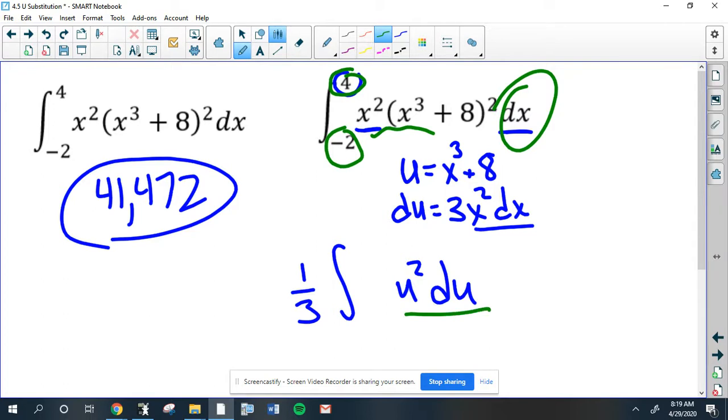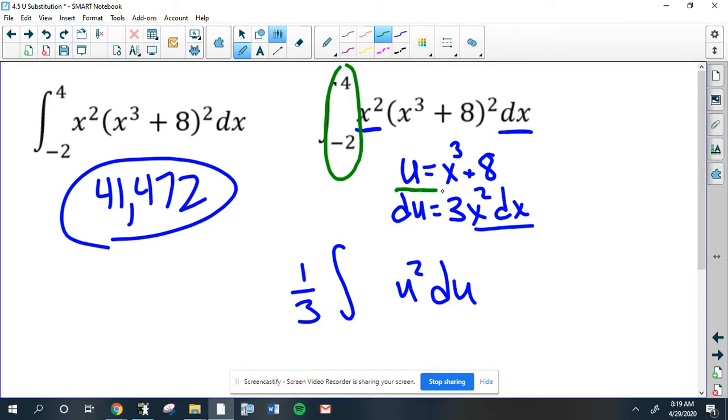So the option we're going to learn today is to change these limits to u's. And you change them to u's just by using what you decided u is. U is x cubed plus 8. So this is your lower limit. This is your upper limit.